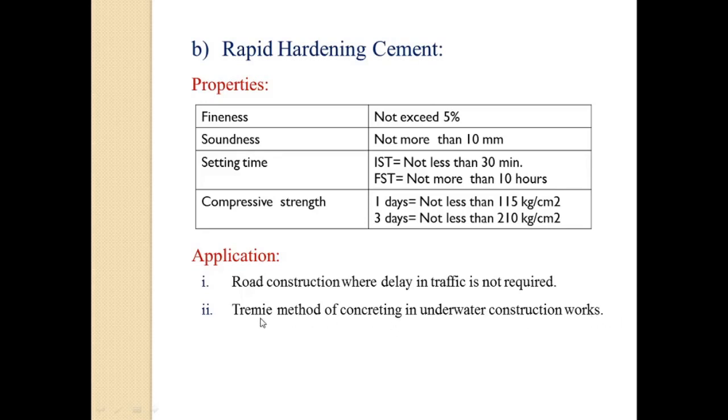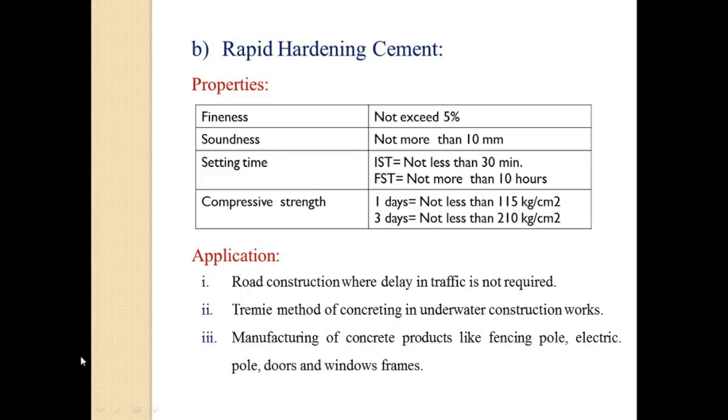We use rapid hardening cement because it hardens rapidly underwater. Next is the manufacturing of concrete products like fencing poles, electric poles, doors and window frames. We use rapid hardening cement, and lastly we use it for cold weather concreting.